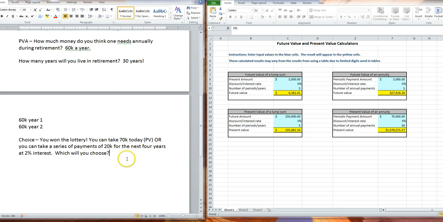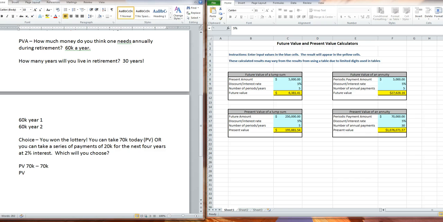But the real answer is that you need to put both of these choices into present value. And the way you would do that is like this. $70,000 is already present value. So you have the present value of $70K, which equals $70K.